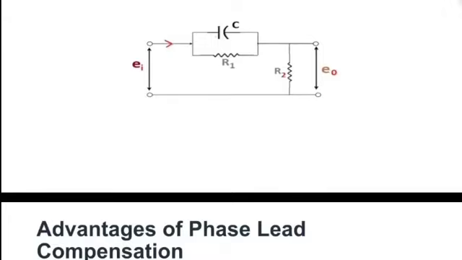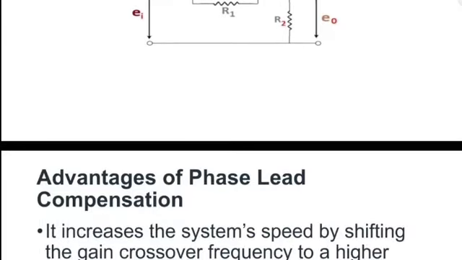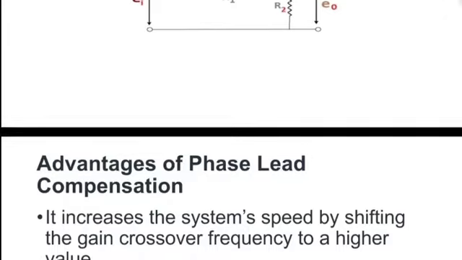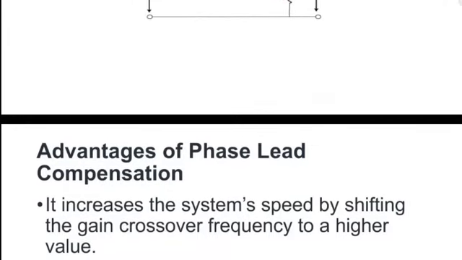Now, what are the advantages of lead compensation? One advantage is that it increases system speed by shifting the gain crossover frequency to a higher value. The second advantage is that because the phase lead compensation is present, the system maximum overshoot is reduced.